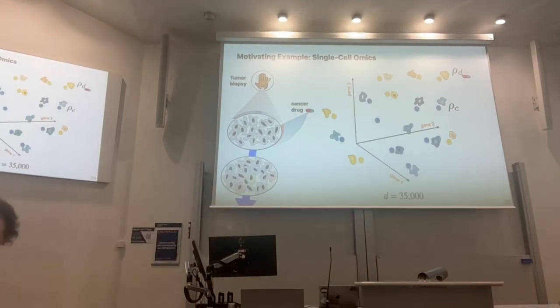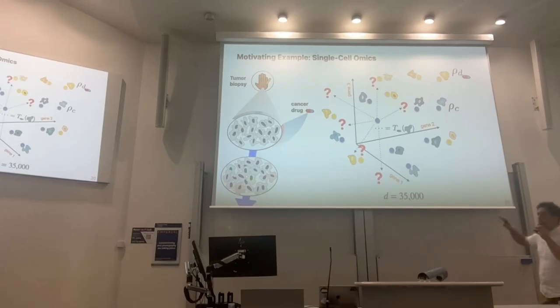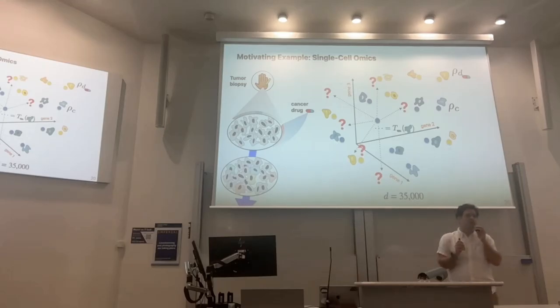What we essentially want is to be able to predict from this data what would happen to any cell if it was given this treatment, and hopefully, those are treatments that kill a lot of cells, like cancer treatment.